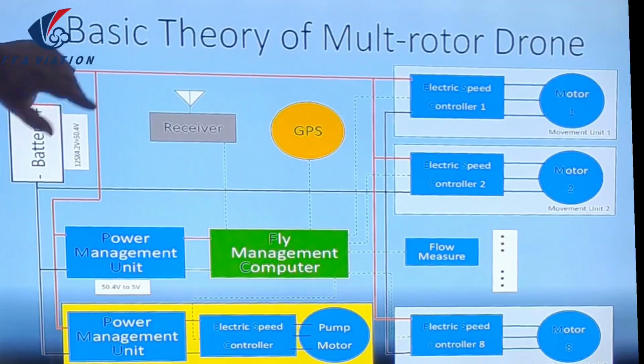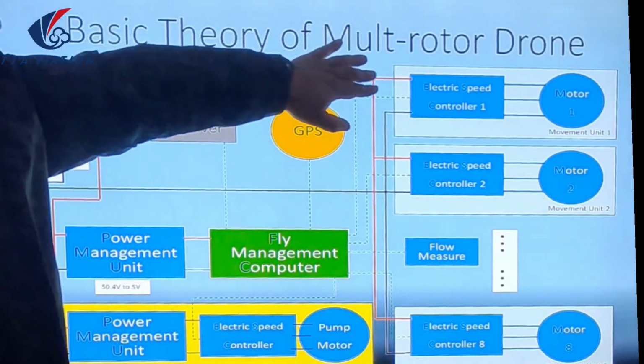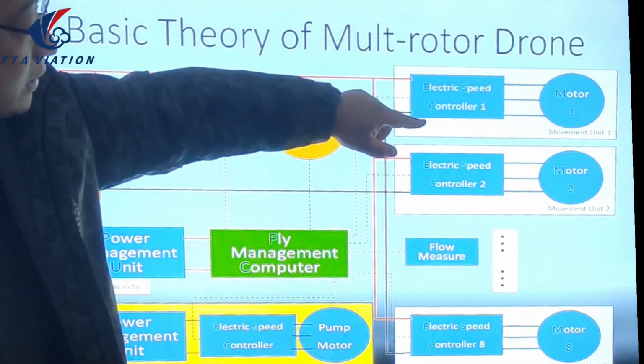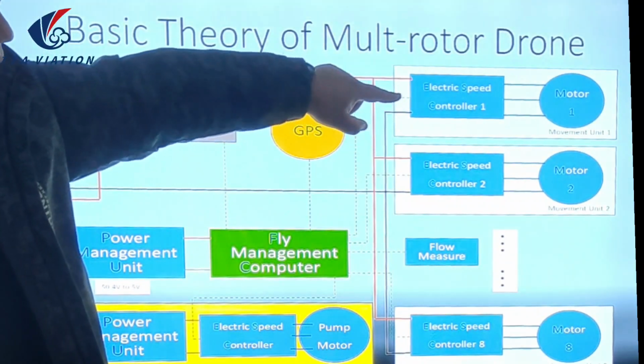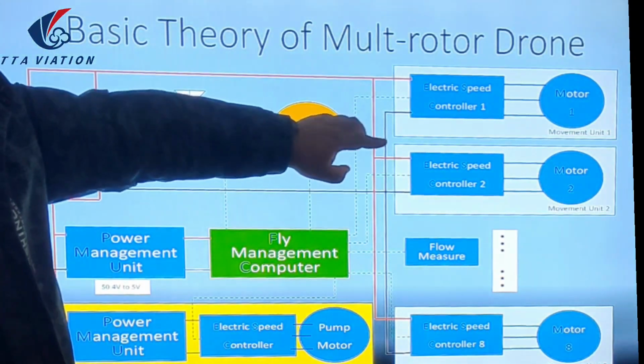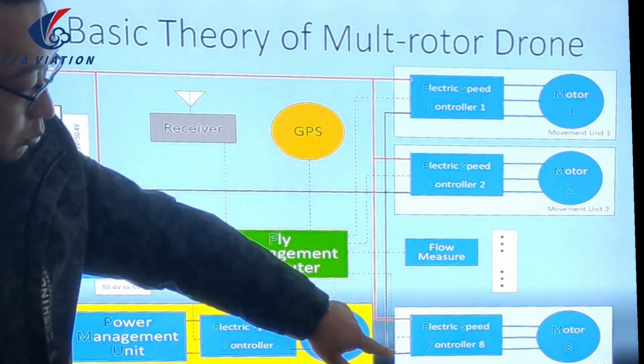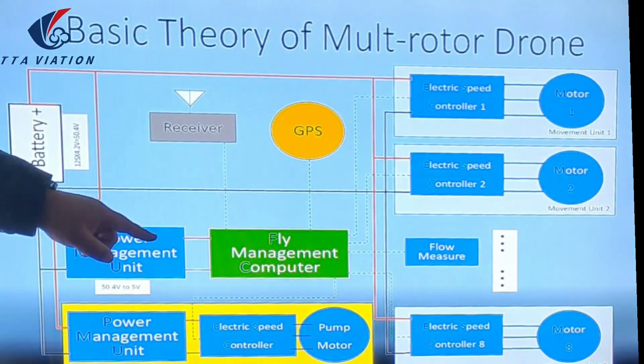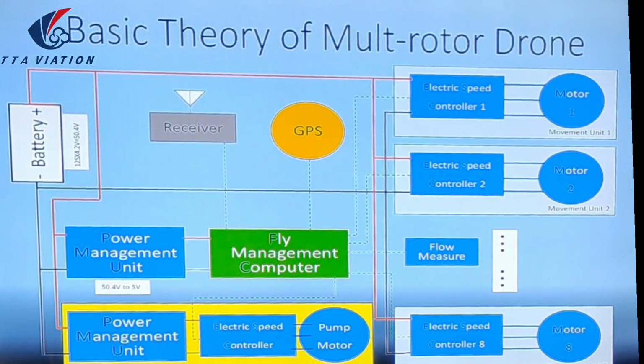In this model, I labeled the electric speed controller as movement unit 1, movement unit 2, until movement unit 8. This model is an 8-propeller drone, so this drone has 8 arms.